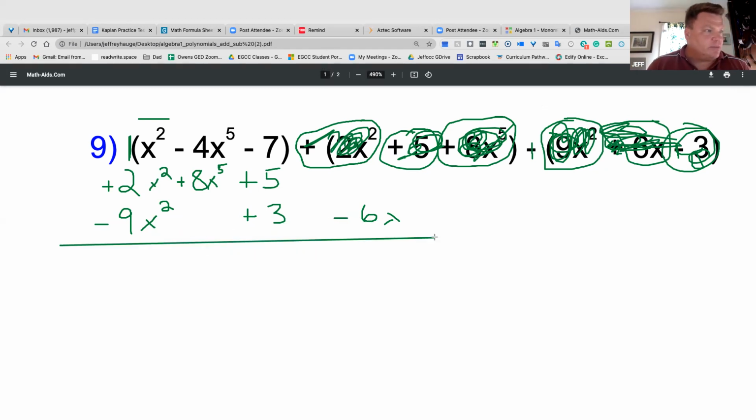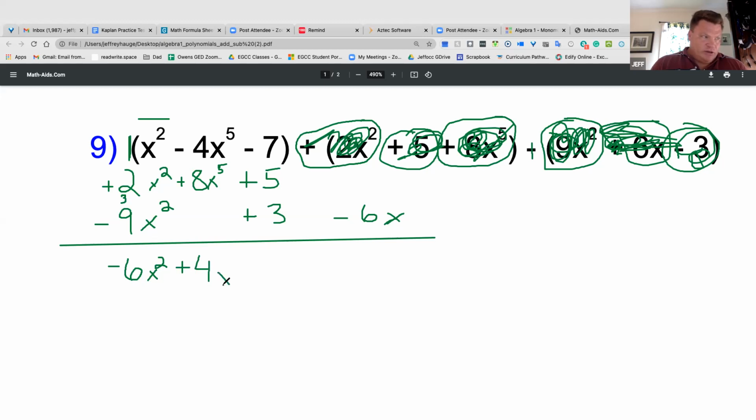Now we just got to seat them. We're going to clean up this x. All right. 1 + 2 is 3. 3 - 9 is -6x^2. -4 + 8 is +4.